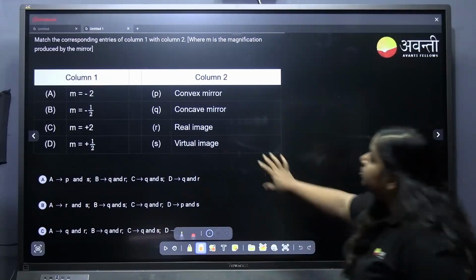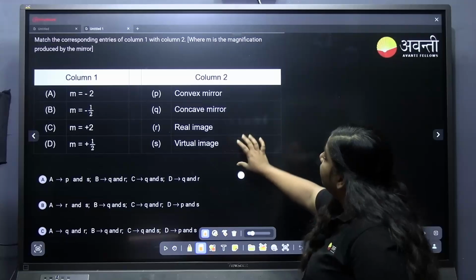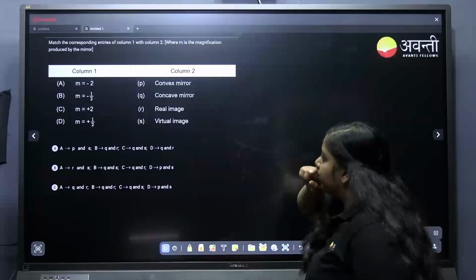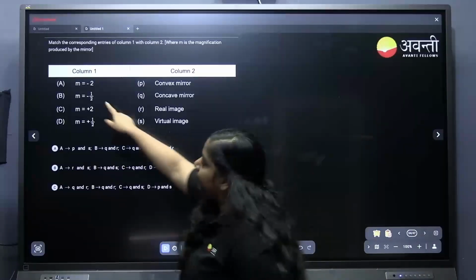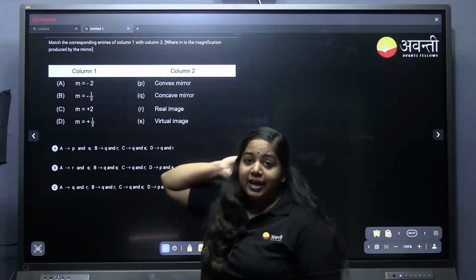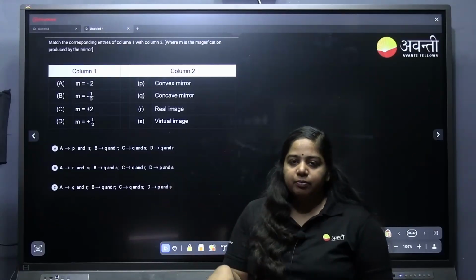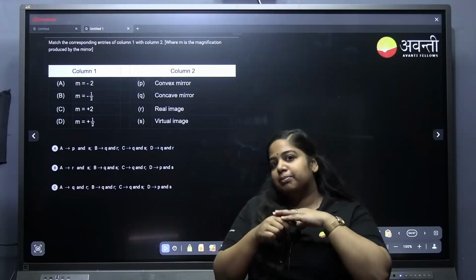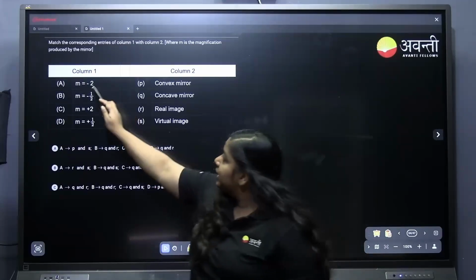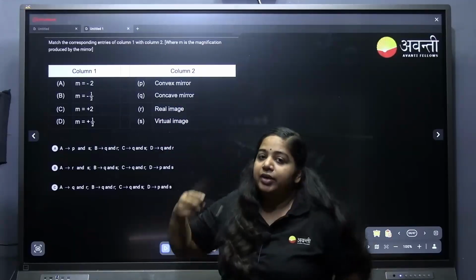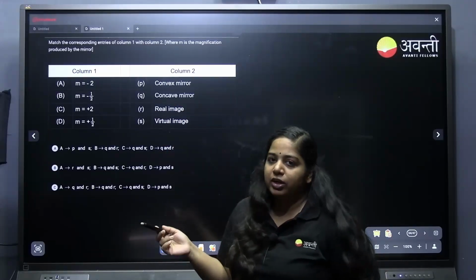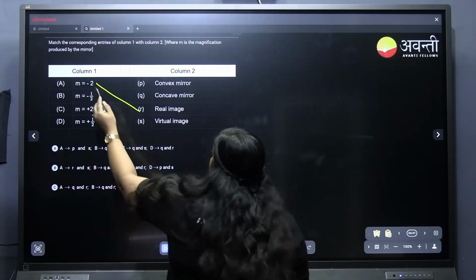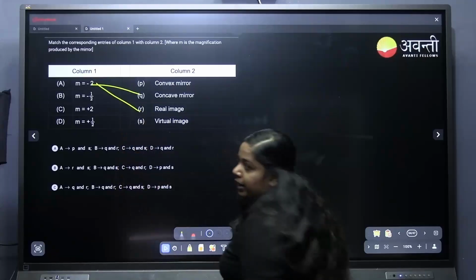Next is match the corresponding entries of column 1 with column 2. M is magnification. Now, based on m equal to minus 2, the negative sign means it is inverted. Like above the principal axis erect, below the principal axis inverted. So minus sign means that it is inverted. An inverted image is produced by what? It will be a real image. A will be a real image and also created by a concave mirror.